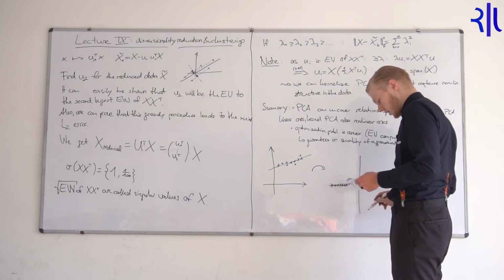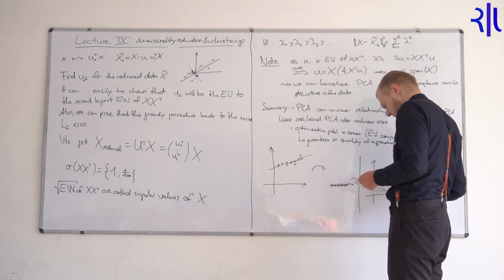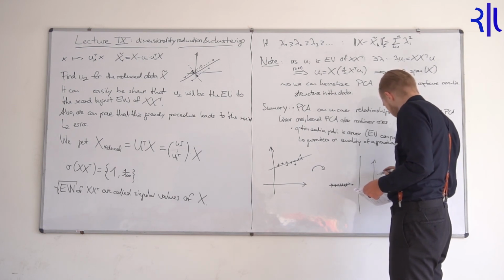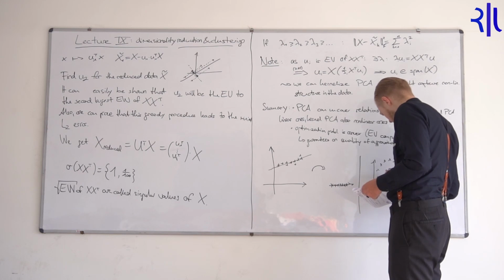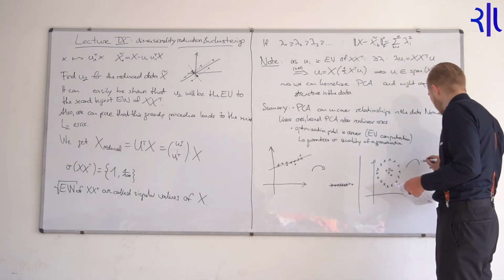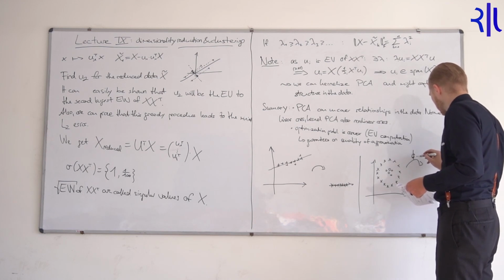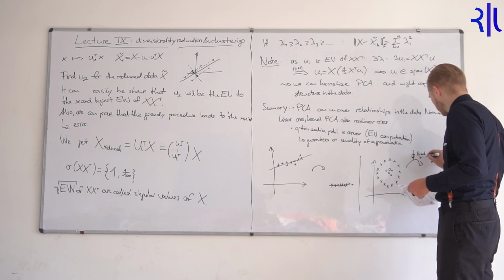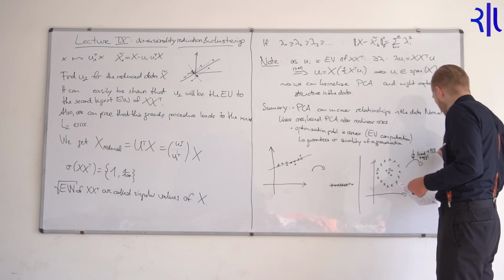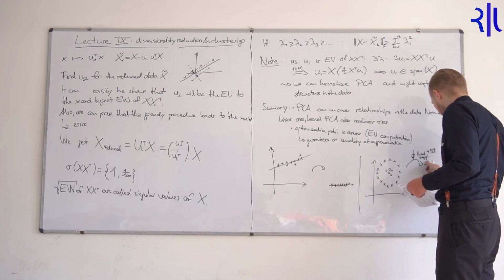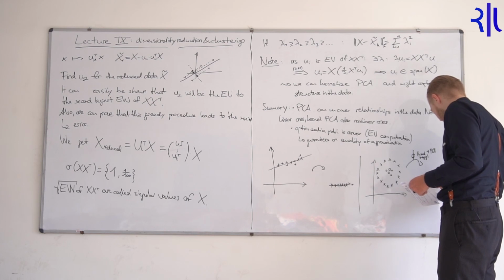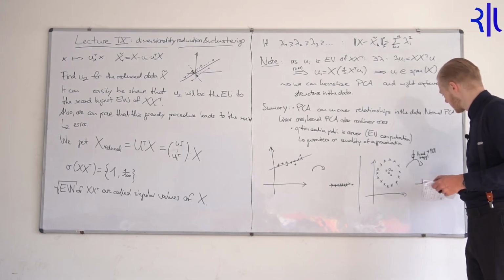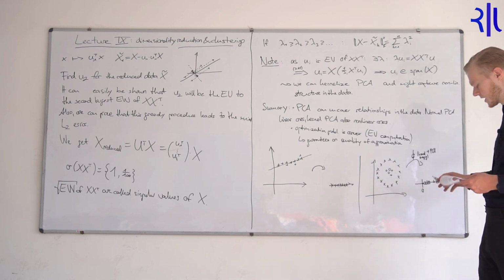If we had a nonlinear relationship, that can be transformed by means of a kernel mapping and a PCA, maybe also into a one-dimensional representation, where the circles might lie further to the left than the crosses.